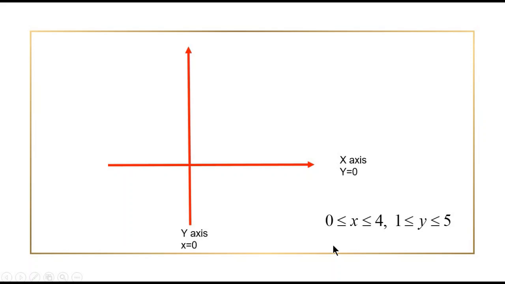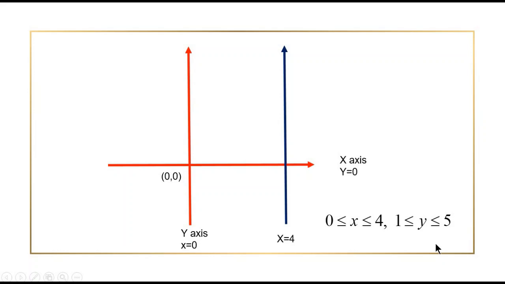Now let us first draw this region where our joint PDF is defined. Take the x-axis, take the y-axis, and this is our origin. Now I have to draw this region, that is, draw the lines x equal to 0 and x equal to 4. Similarly, draw the lines y equal to 1 and y equal to 5.